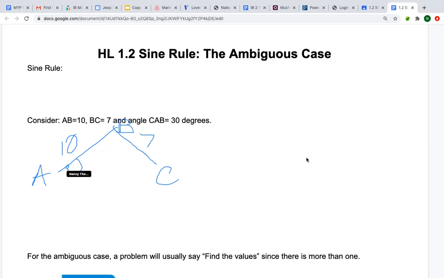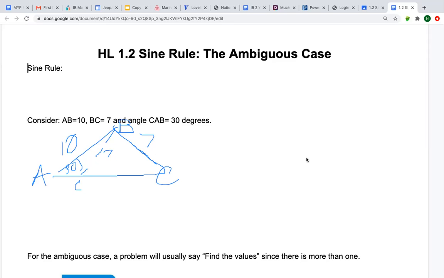Now, when this is 30 degrees, this is one potential triangle, but we could also have a triangle where this side is 7 and this becomes point C. So there are two potential triangles that we could have in this one. But sometimes both triangles don't work, and I'll talk a little bit more about what I mean by this. But first of all, let's just go ahead and set up the problem and solve it.